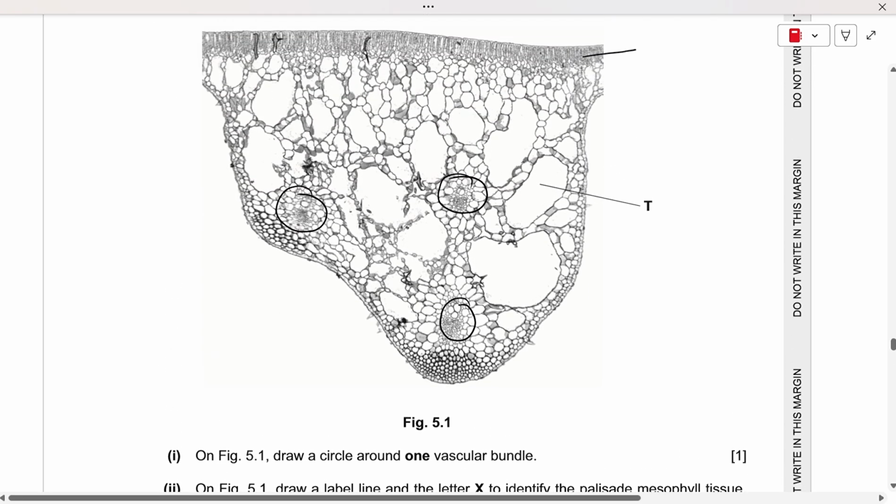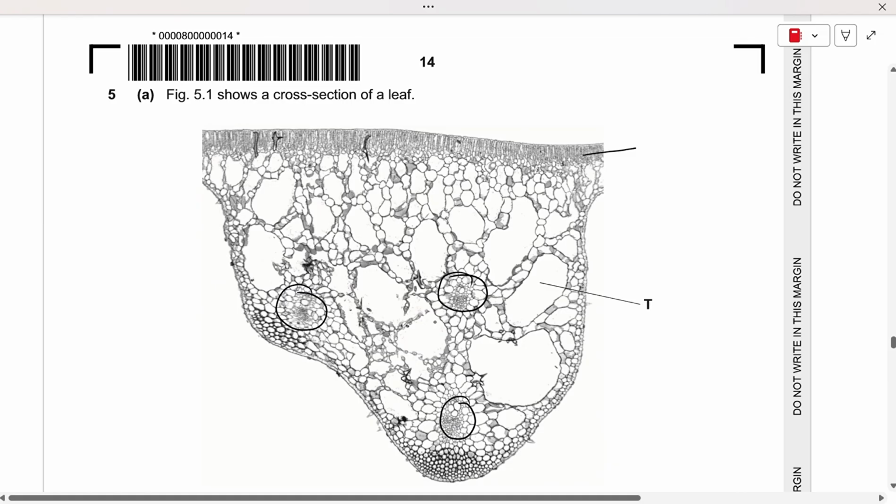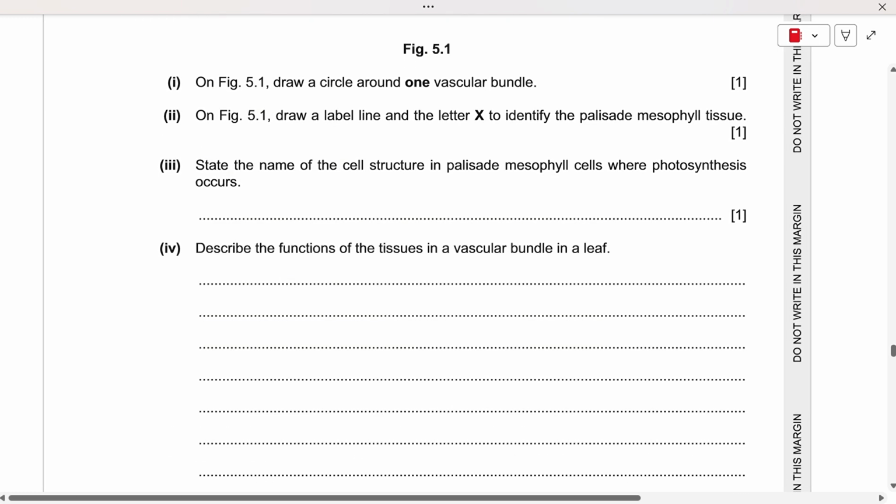Yes, so these ones here are the palisade mesophyll tissues, X. Okay, state the name of the cell structure in palisade mesophyll cells where photosynthesis occurs. So in palisade mesophyll cells, we do have chloroplasts, which can trap sunlight. Now, this ability of them trapping sunlight allows for photosynthesis to take place in them. All right, so we will name here chloroplasts.